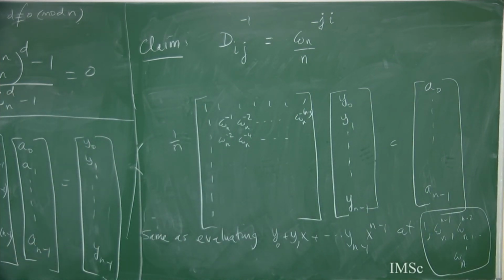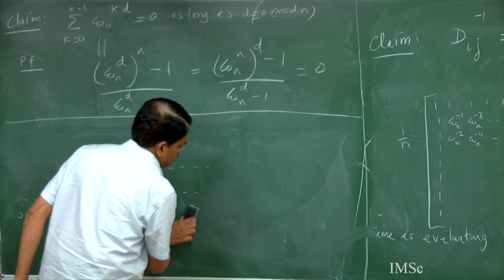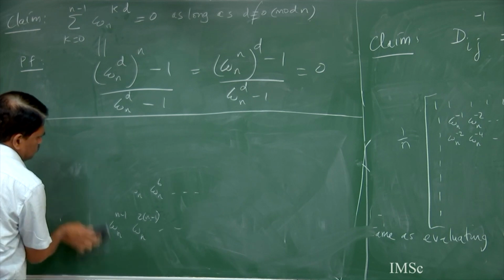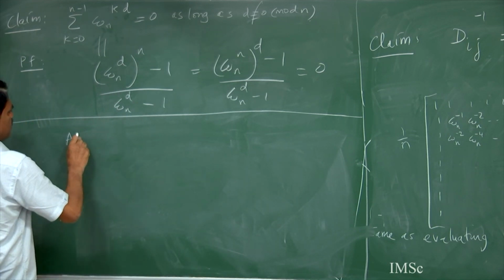Okay, to summarize now, we want to compute the product of two polynomials of degree up to n. So you are given A(x), B(x).